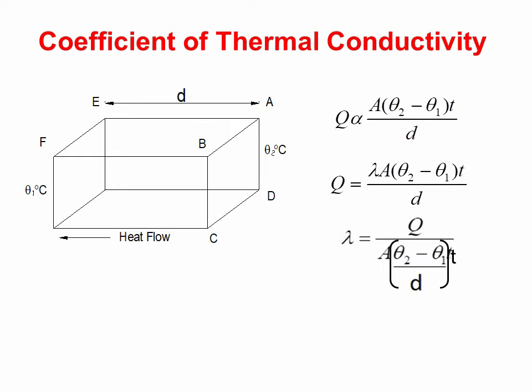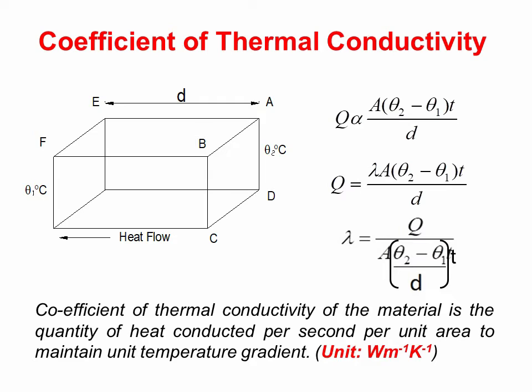What is theta 2 minus theta 1 by d? Change in temperature by distance is nothing but the temperature gradient. So we can write the definition when lambda is equal to Q. Can you tell me when lambda is equal to Q? The whole denominator term should be 1.